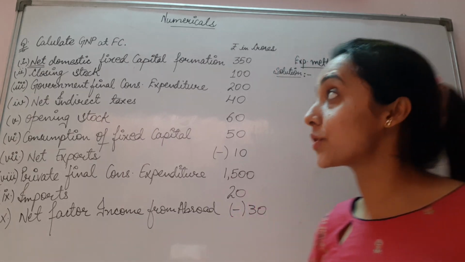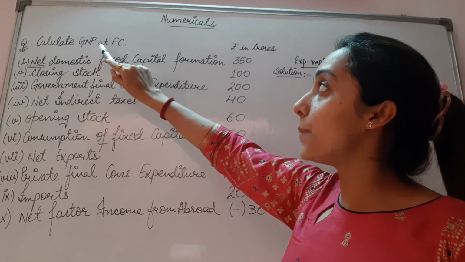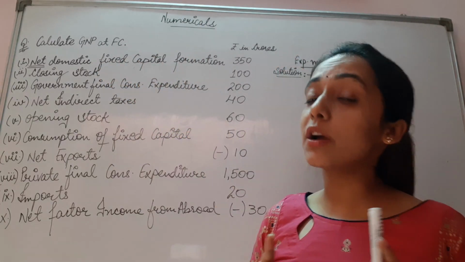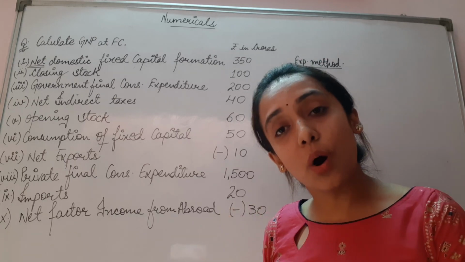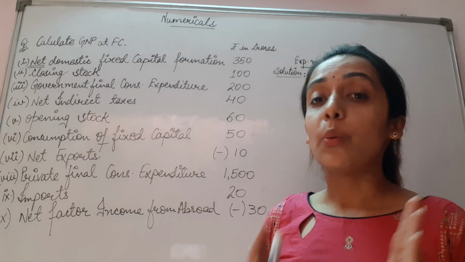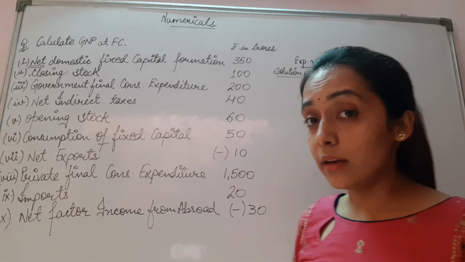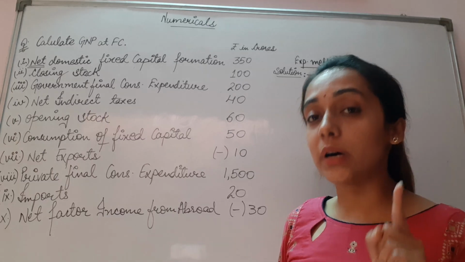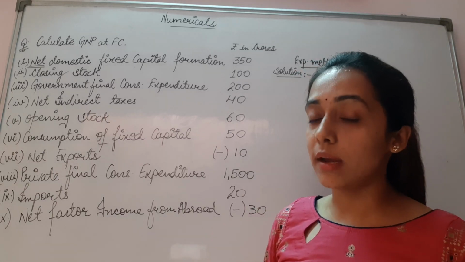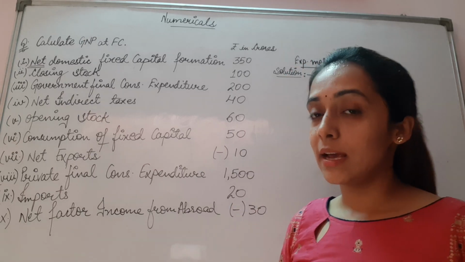My first question is calculate GNP at FC. If in the question it is not mentioned whether you have to do the question with income method or expenditure method, then we will see the particulars given in the question, that whether the particulars given are of income or expenditure method.